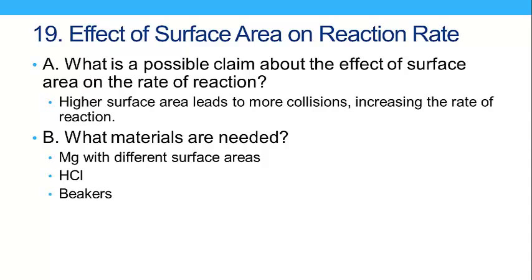And I'm going to need beakers so I can perform the reaction. I'm going to need a scale to measure out the magnesium and a graduated cylinder to measure out the hydrochloric acid. I'm also going to need to time the reaction between each type of magnesium and hydrochloric acid. So I'll need a stopwatch or a timer.